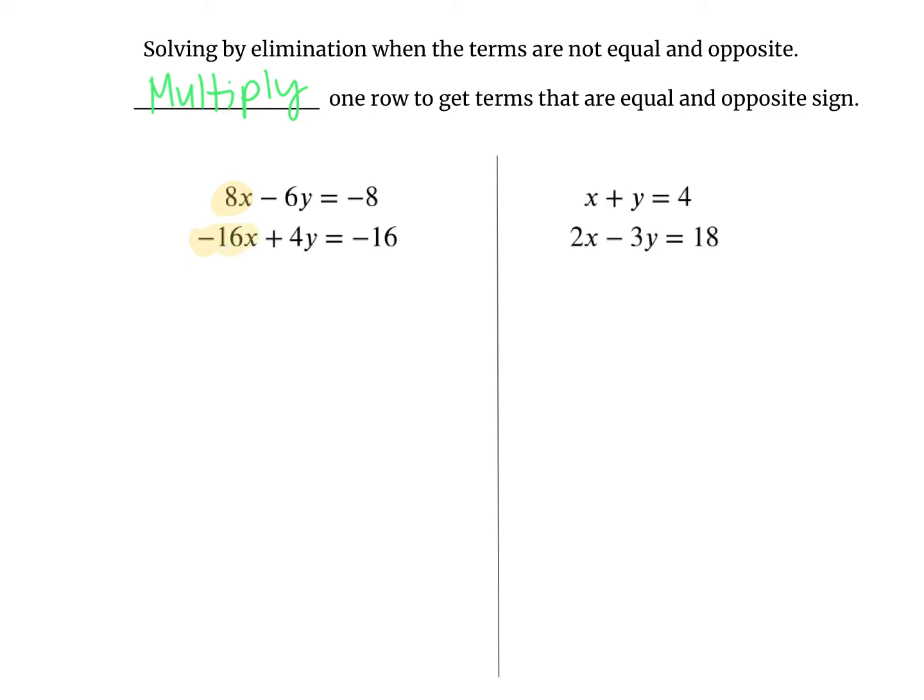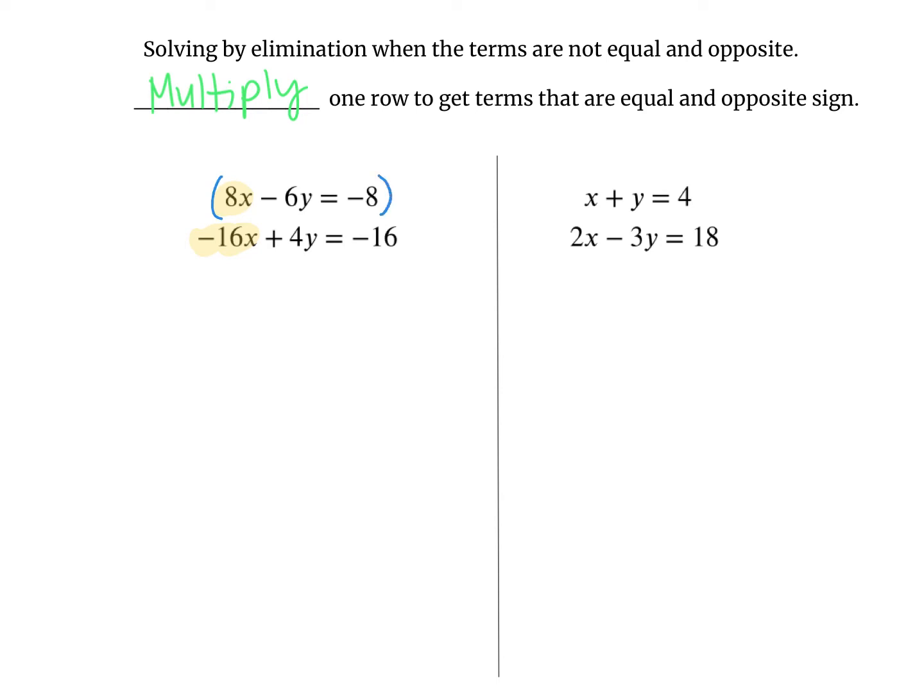So pretty much I want to get that first equation's x term to be a positive 16, okay? I want it to be equal coefficient but opposite signs. So we want to multiply this first equation by something that's going to make it a positive 16x. So we want to multiply the first equation by 2.